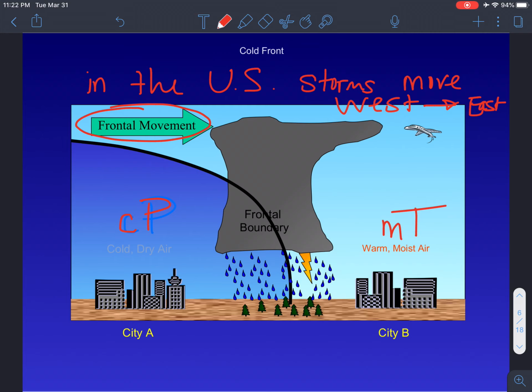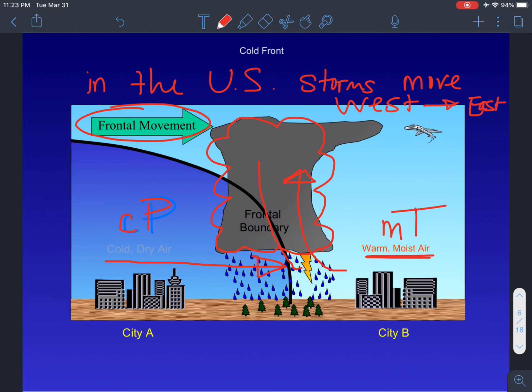So what's going to happen is, as this cold, dry air is pushing through, it's going to force the warm, moist air upwards. Right? Warm, moist air is less dense, therefore it's going to want to rise above the cold, dry air. And when it does that, if you recall the cloud formation steps, warm, moist air rises, the temperature cools to the dew point, condensation occurs, and then you get cloud formation.